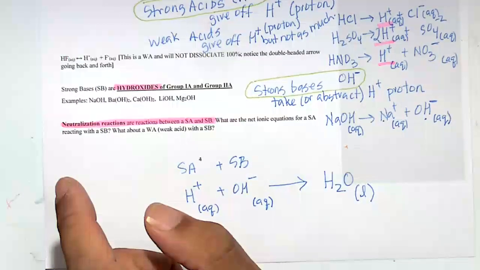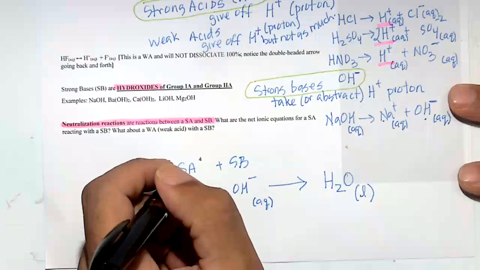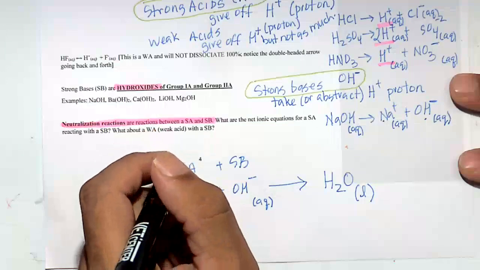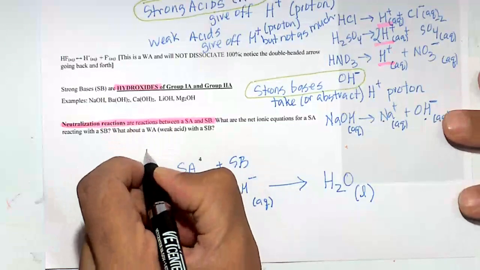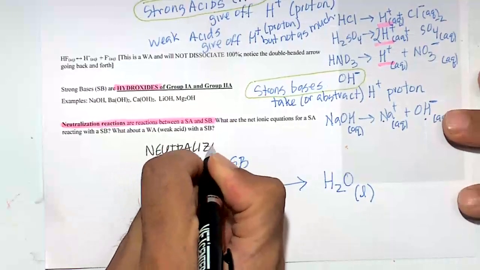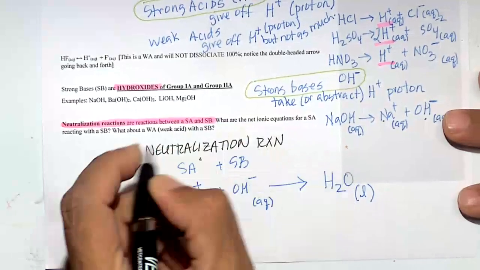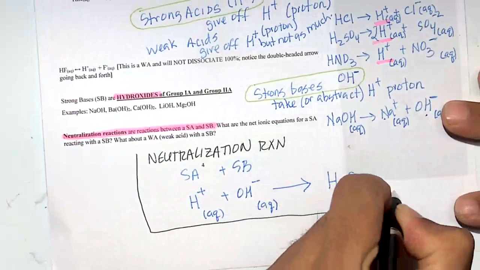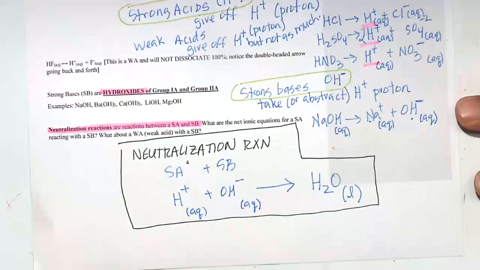So this is what we're going to call a neutralization reaction. A strong acid will neutralize a strong base. So this is all you really have to memorize for a neutralization reaction.